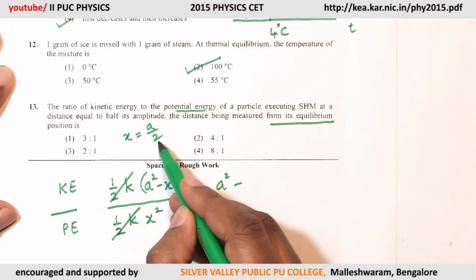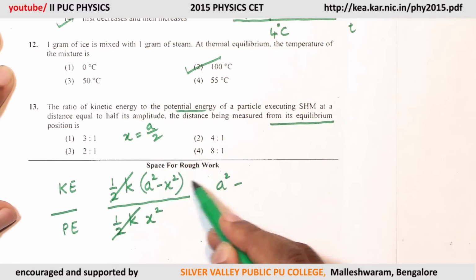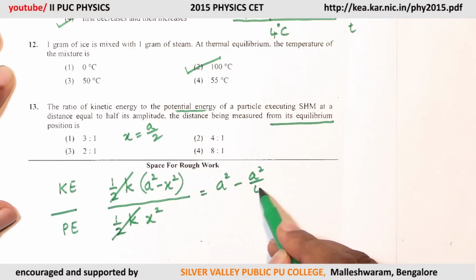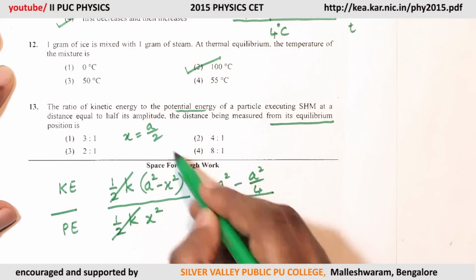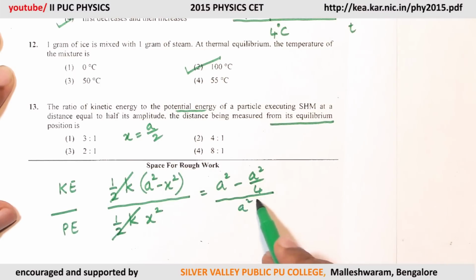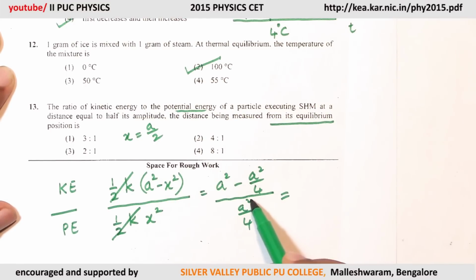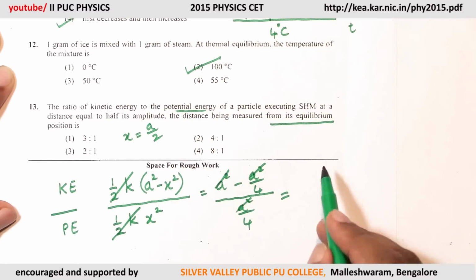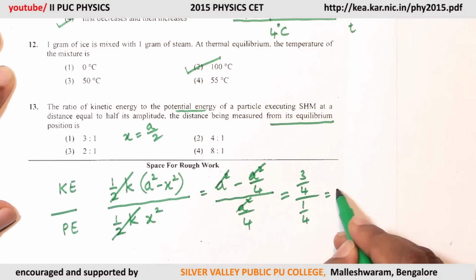Displacement equal to half of the maximum means x is a by 2, so x square is a square by 4. A square can be seen everywhere, so a square cancels. 1 minus 1 by 4 is 3 by 4, over 1 by 4. So this is equal to 3:1.